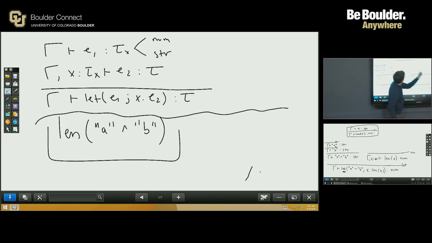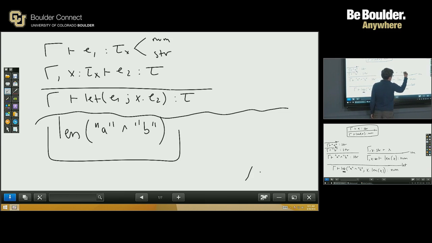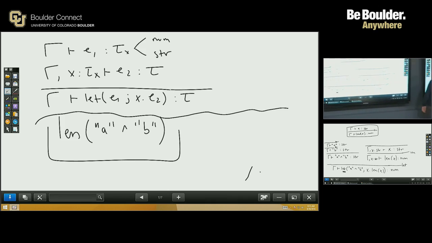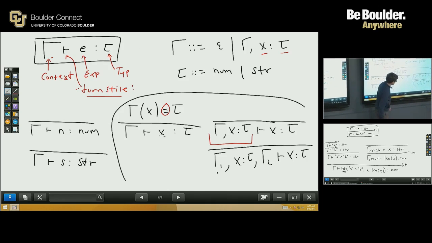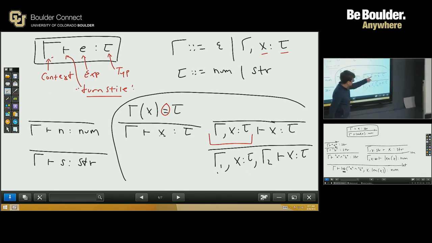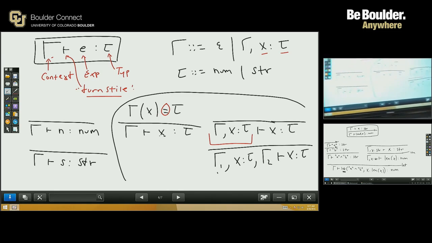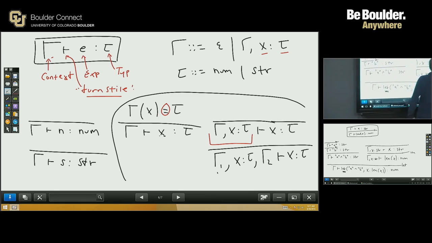Basically, now I have to show that this sub-expression, which is x in this case, has type str, right? How do I show that? Well, it looks exactly like this rule that I wrote. One of many variants of the same rule, which is the variable rule. So I'll just call it the var rule.